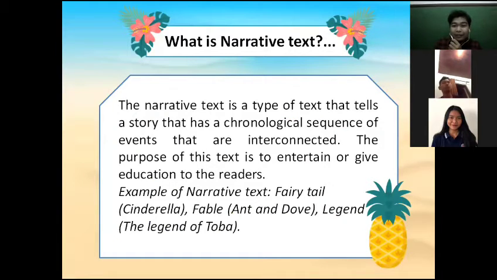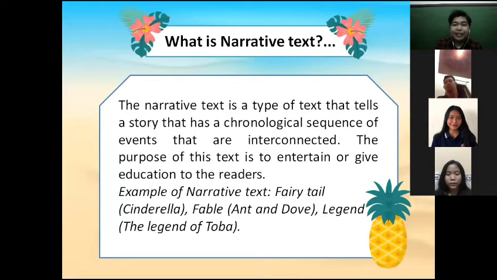Narrative text is one type of text that tells a story that has a chronological sequence of events that are interconnected. The purpose of this text is to entertain and give education to the reader. Examples of narrative text are fairy tales, such as Cinderella; fables, which are stories about animals, such as The Ant and the Dove; and also legends, such as the Legend of Danau Toba.